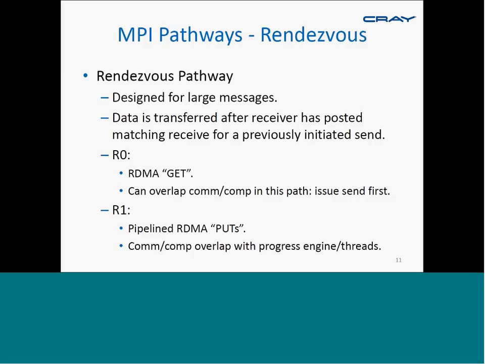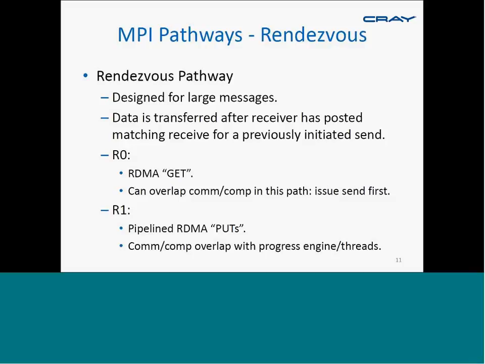So, eager pathways, and the rendezvous pathways with larger images, are what we talk about here. What I'd like to make clear is that I guess the thing to do would be to try to use the R1 pathway to maximize the computation and communication overlap with progress.